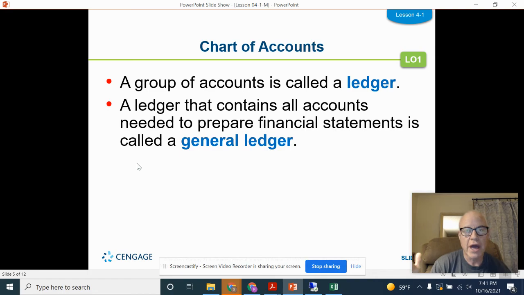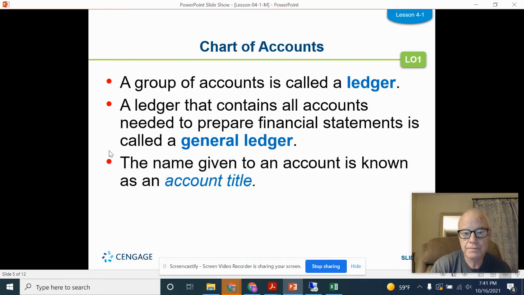So everything in the chart of accounts is going to have its own account form in the general ledger. The name given to an account is known as an account title, which we have talked about for quite a while here, for several chapters. Things like cash and accounts payable and accounts receivable.